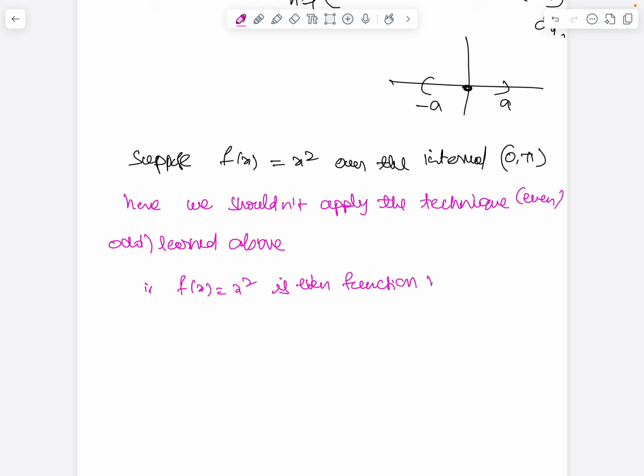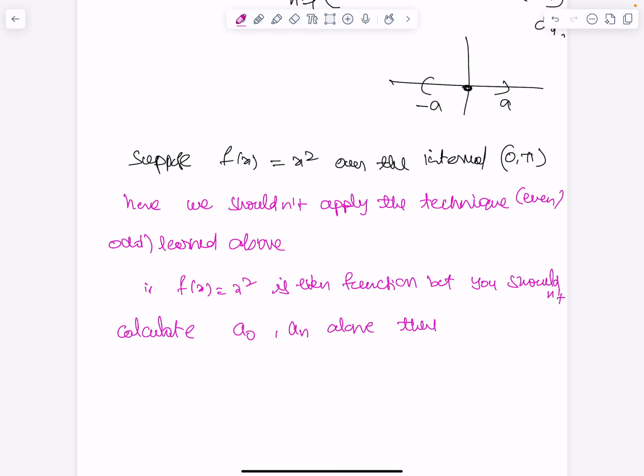You shouldn't calculate a0 and an alone.